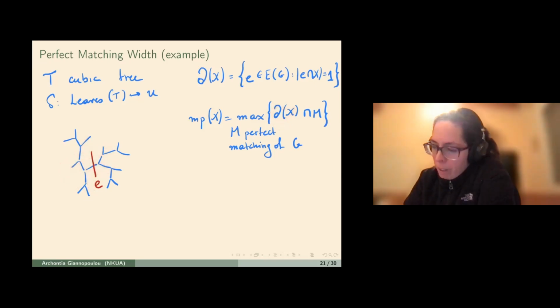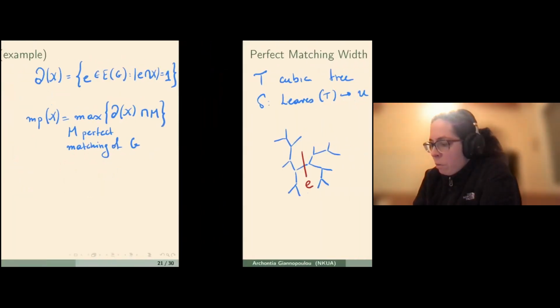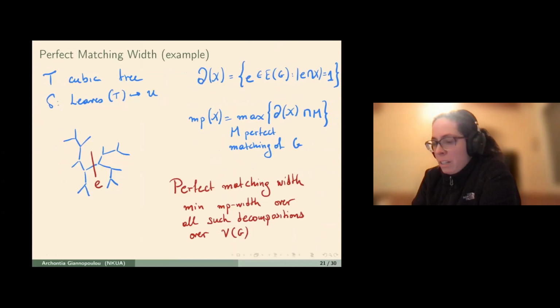And the measure that we put here is the maximum over all perfect matchings. So that's the weight that we assign to every edge. And what we want to do is find a way to minimize over all the decompositions the maximum weight.